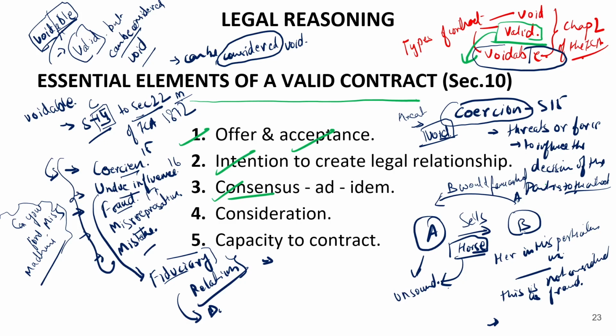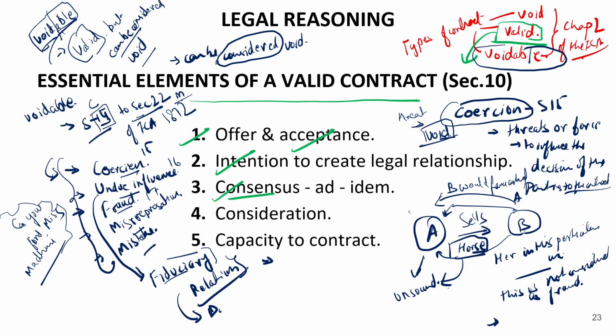And again, there can be an example: B is A's daughter and has just come of age. Now let's take the example that B is the daughter of A. So B is under the influence of A, because obviously she is the daughter.